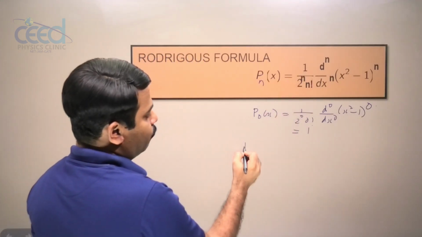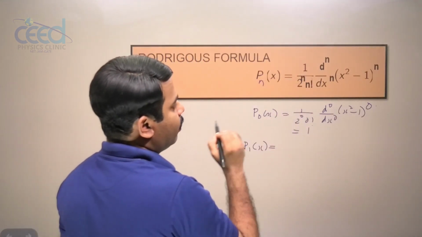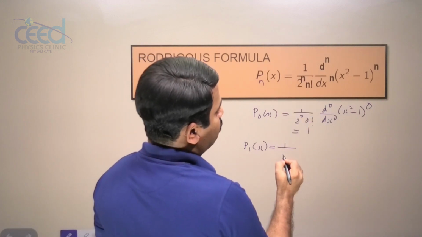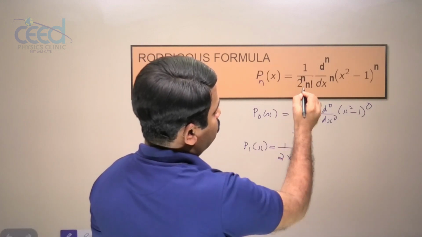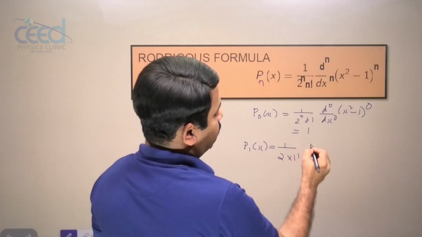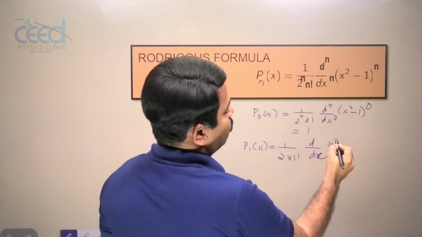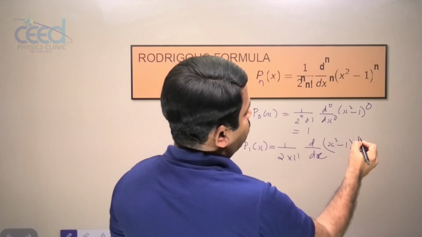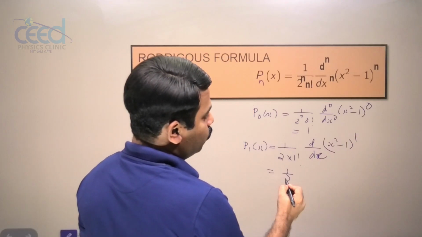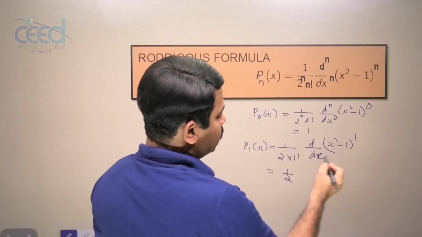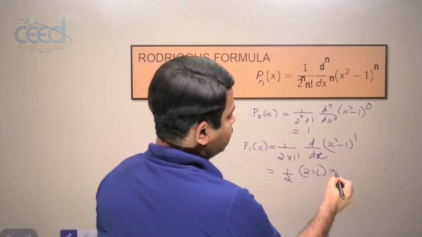Let us see p1 of x: 1 by 2 into 1 factorial into d by dx of x square minus 1 whole raised to 1, right, that is 1 by 2 into d by dx of x square minus 1, what, 2x, that is x.